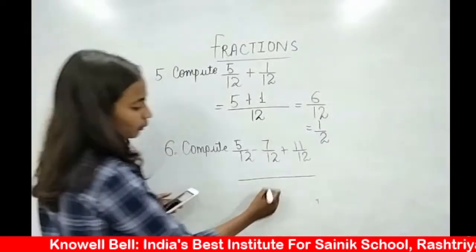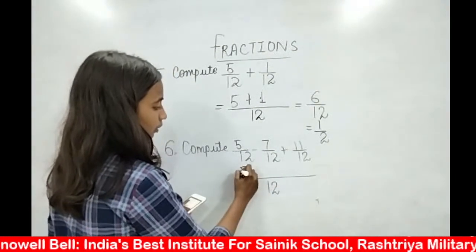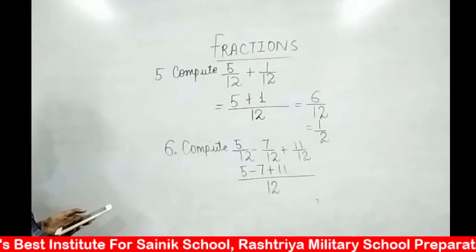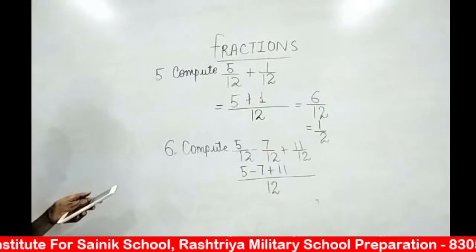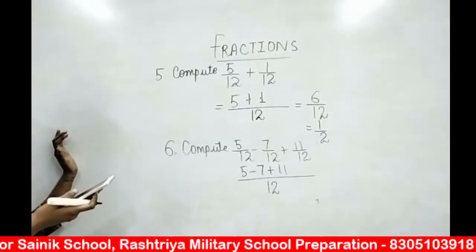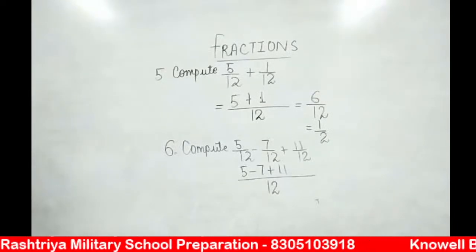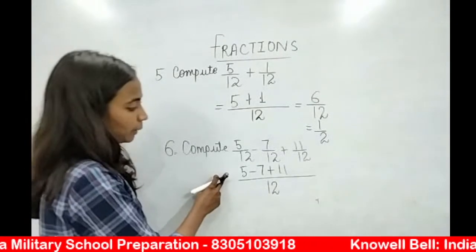No. LCM, you will take 12 common in the denominator. 5 minus 7 plus 11. Okay, 5 minus 7 is minus 2.